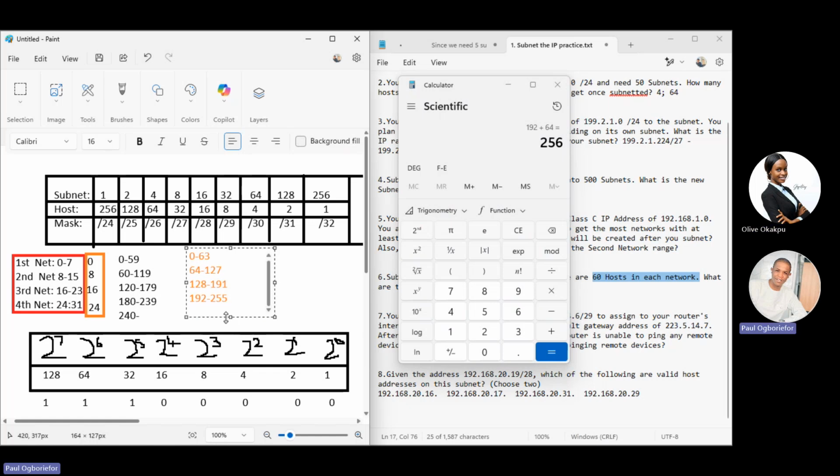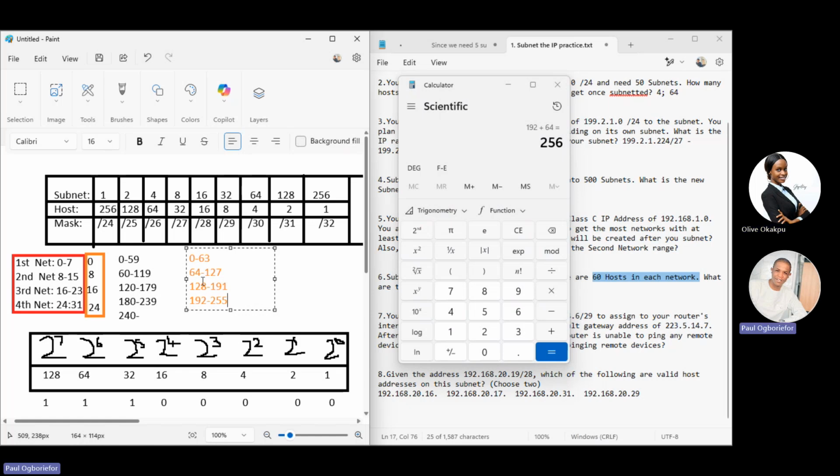You know why? We already had 0, so this 0 counts for us. If you count all of them, it is 256. That is why you will always see 255 in a subnet mask, and you don't go beyond it.